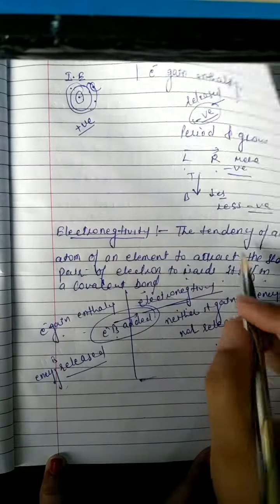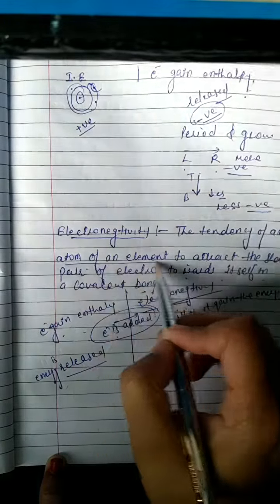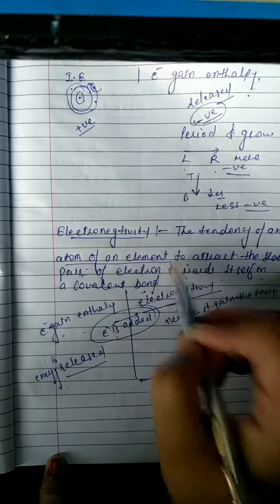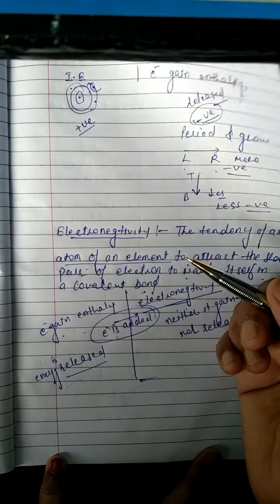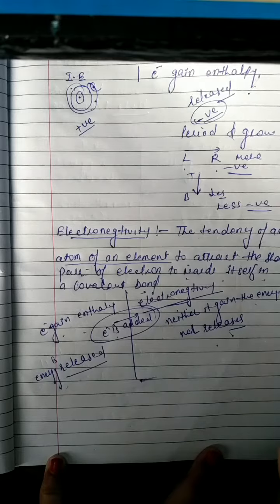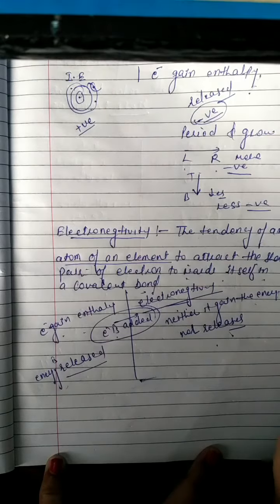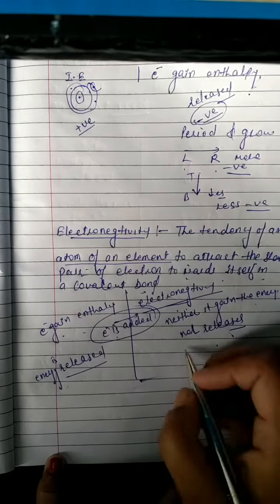But the atom of an element has its own tendency to attract an electron towards itself to form a covalent bond.